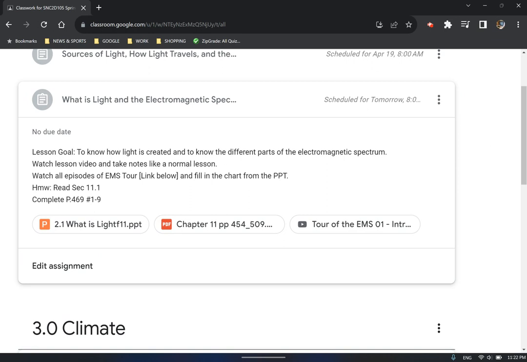Now, the homework that I'm assigning for tomorrow is also the same thing, at least for the questions, page 469, 1 to 9. So if you don't quite get the questions done today, don't worry about that. I don't have additional questions to assign tomorrow. You're just going to continue with those questions. So even if you just get section 11.1 read and you get a start on the questions, that's probably fine for now. And then tomorrow you can finish off the questions.